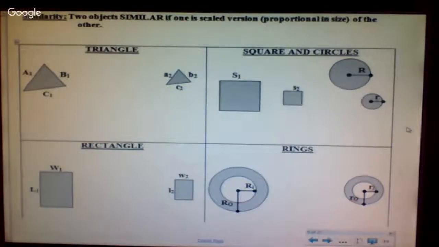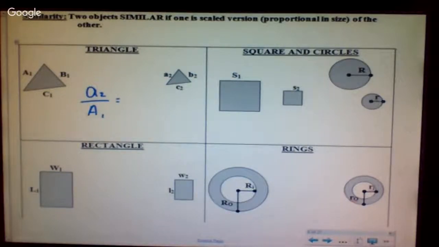So when we set up a proportion here, please make sure if you put A2 of the smaller figure over A1 of the larger figure, you need to do the same thing when you set up your second one.